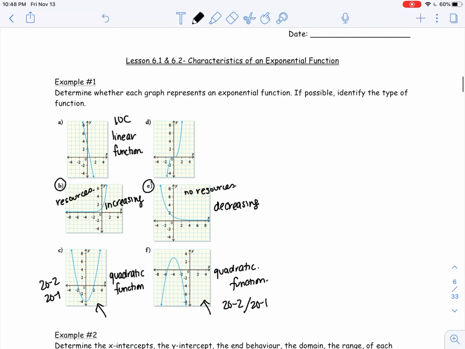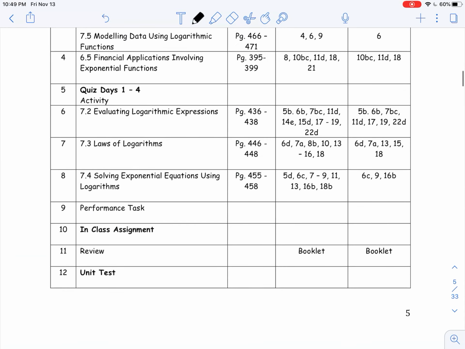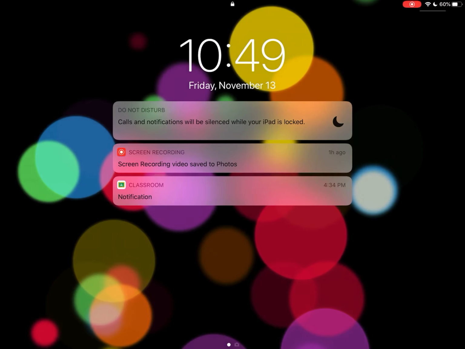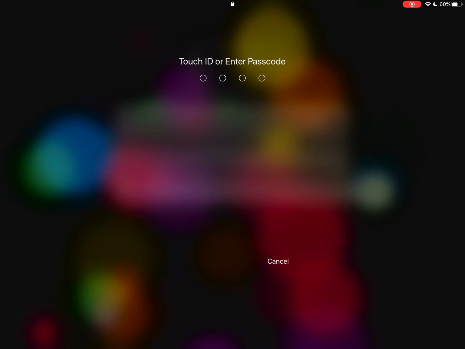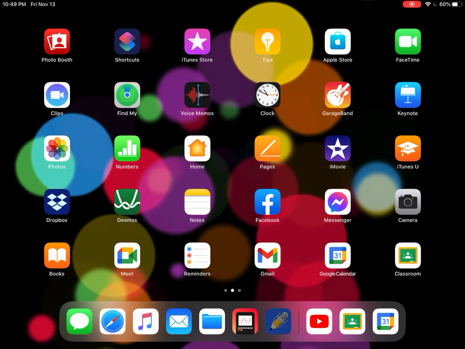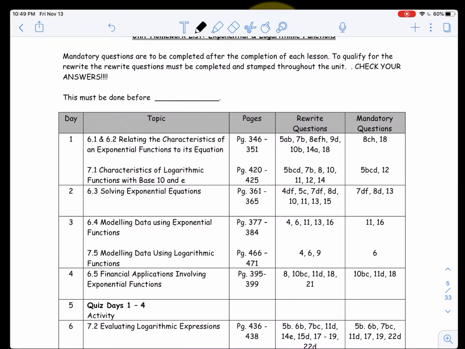Okay, so what I'll get you to do is go to your definitions page. So flip back. Today we're doing lesson 6.1, 6.2, and 7.1. They're all the same thing, and they're nothing new, so that's why we're doing them all together. Okay, so let's go to our definitions page, and we're going to look at exponential functions.